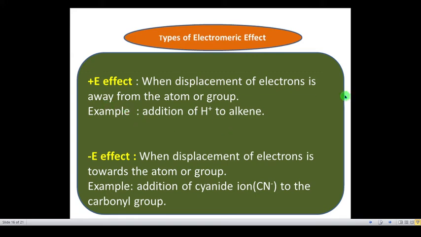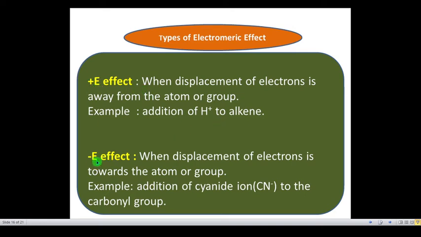In such cases, the effect is away from the atom or group, which is called a positive electromeric effect. Example: addition of H plus ions to alkenes, the carbon-carbon double bond systems. Upon attack of the H plus ion on the alkene system, it takes place with the positive electromeric effect.